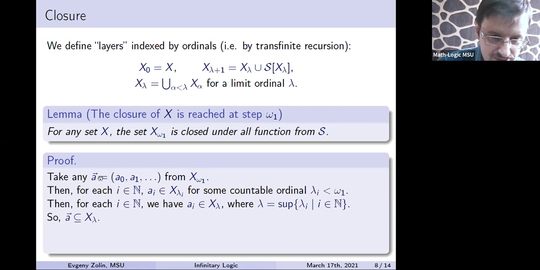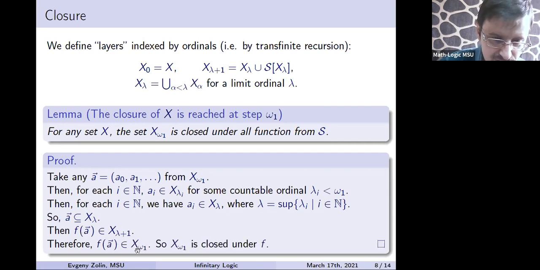So this is a tuple of elements from X lambda. But then if we apply our function, we obtain an element from the next step, lambda plus 1. Therefore, this element is in the set X omega 1, because if lambda is countable, lambda plus 1 is countable.